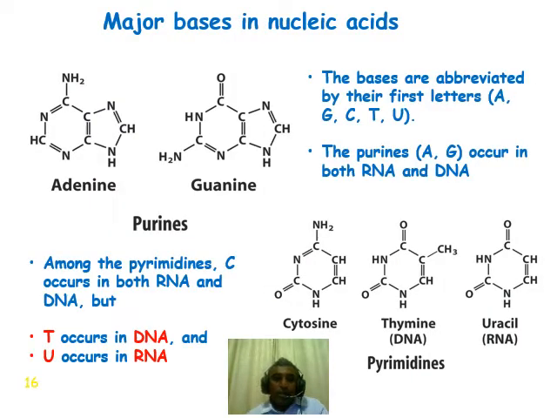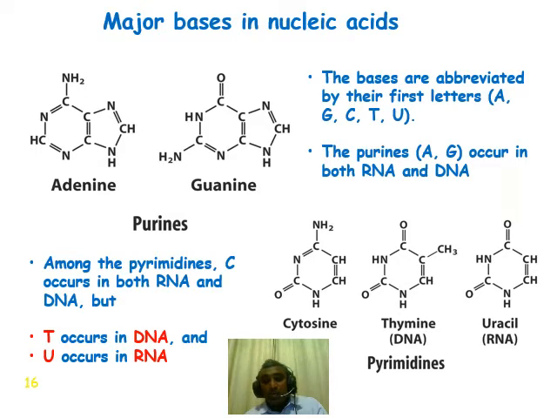Now we look at the bases that belong to purine as well as the bases that belong to pyrimidine. As you can see on the top left, you have adenine, guanine, and on the bottom right, you have cytosine, thymidine, as well as uracil.